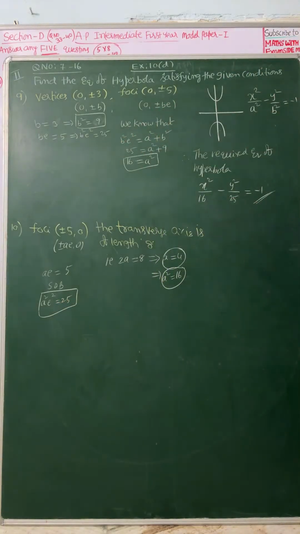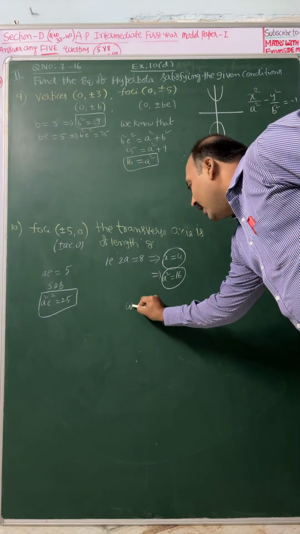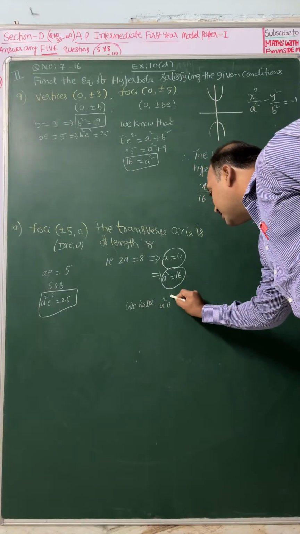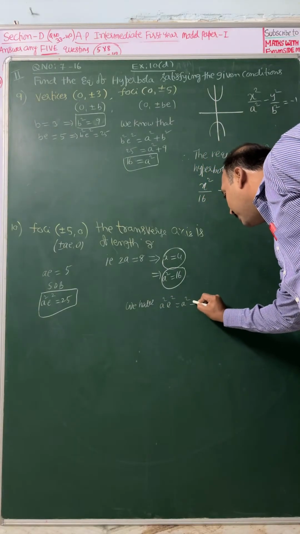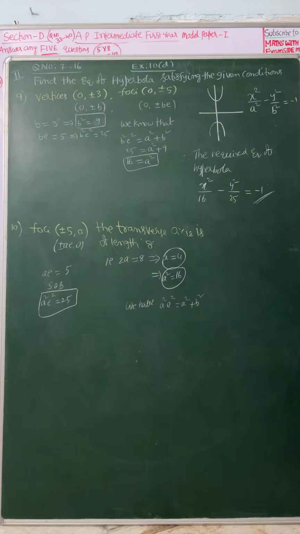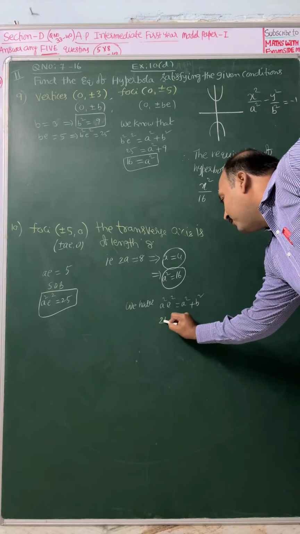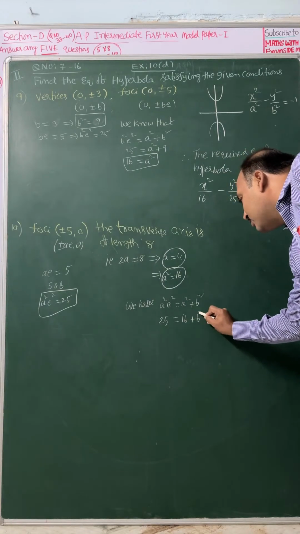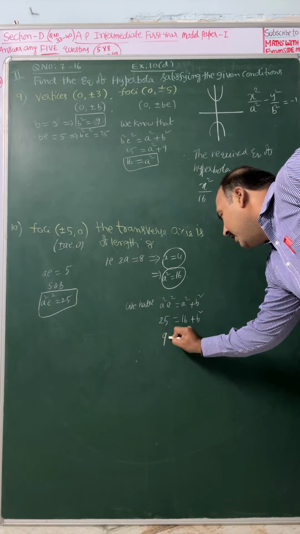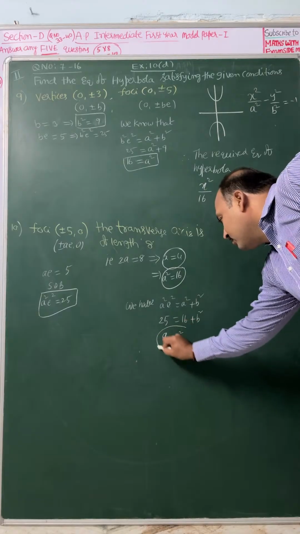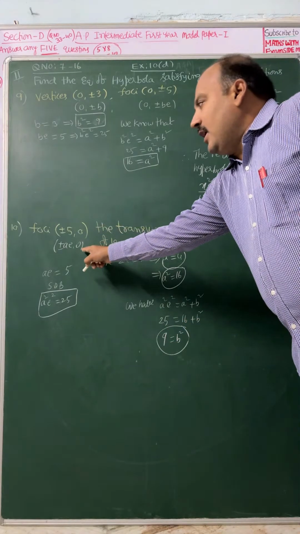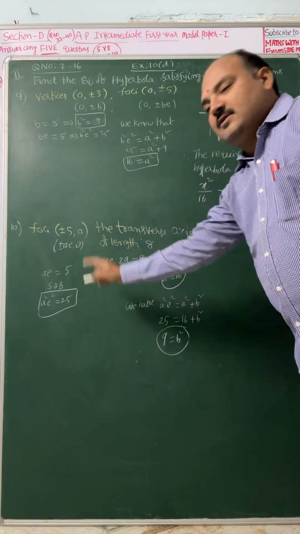We have the formula a square e square equal to a square plus b square. So a square e square value is 25, a square value is 16 plus b square. So 16 bring this side, 9 equal to b square. We know that foci lie on x-axis.